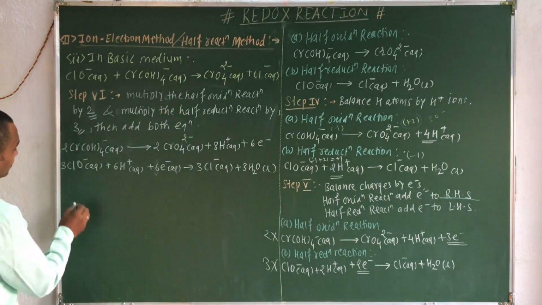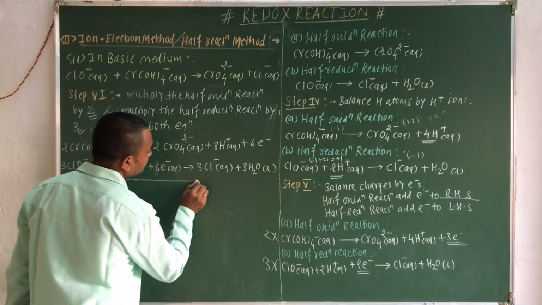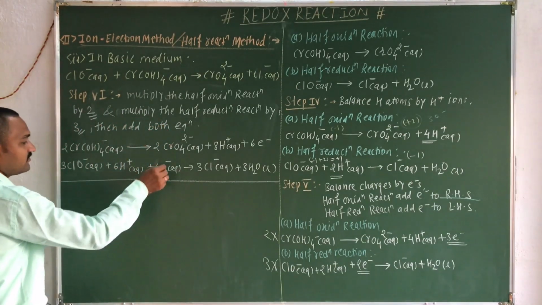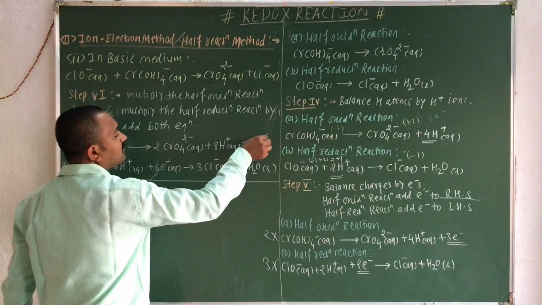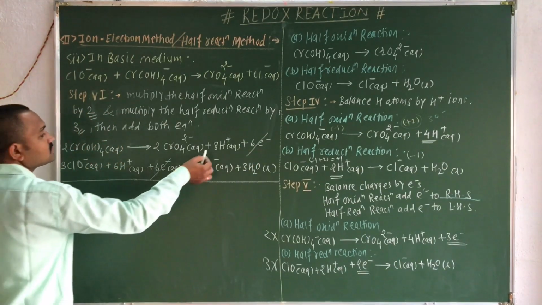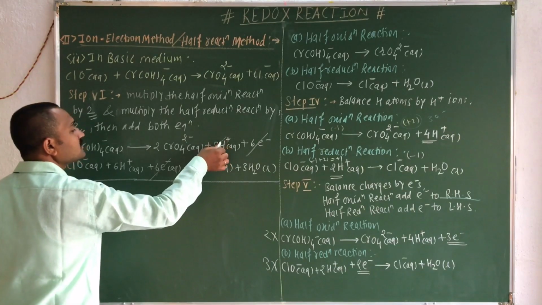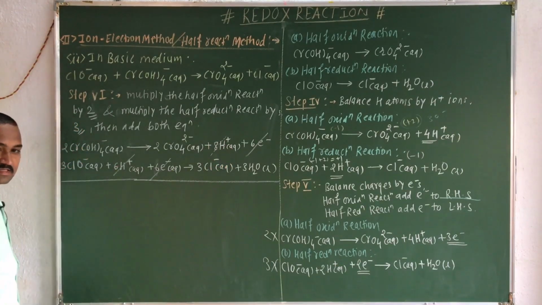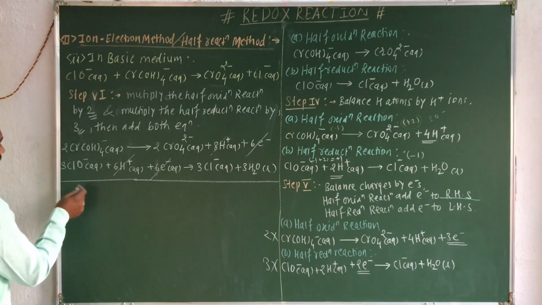Okay, now let's add both the equations. So after adding both equations, the common factors will cancel out from the left hand side and the right hand side. So 8H plus will cancel out 6H plus.